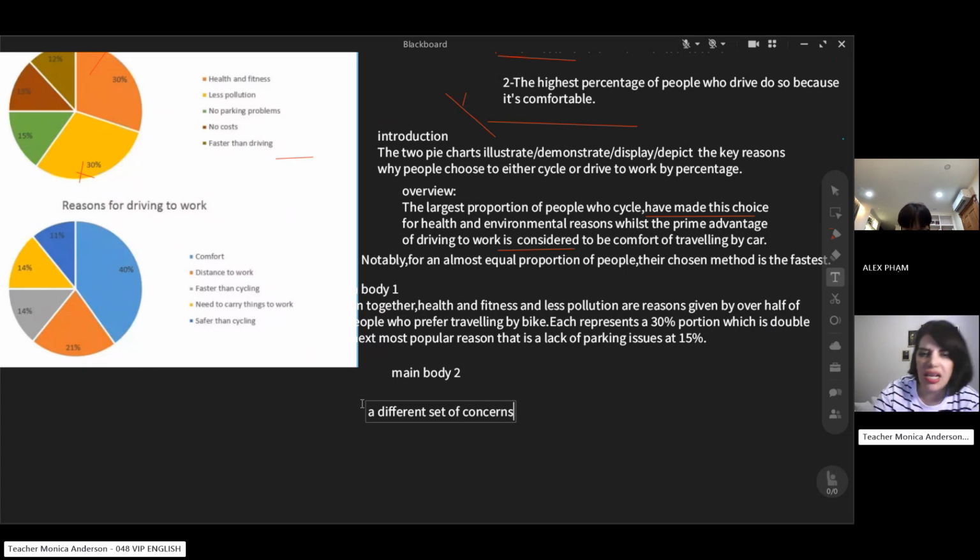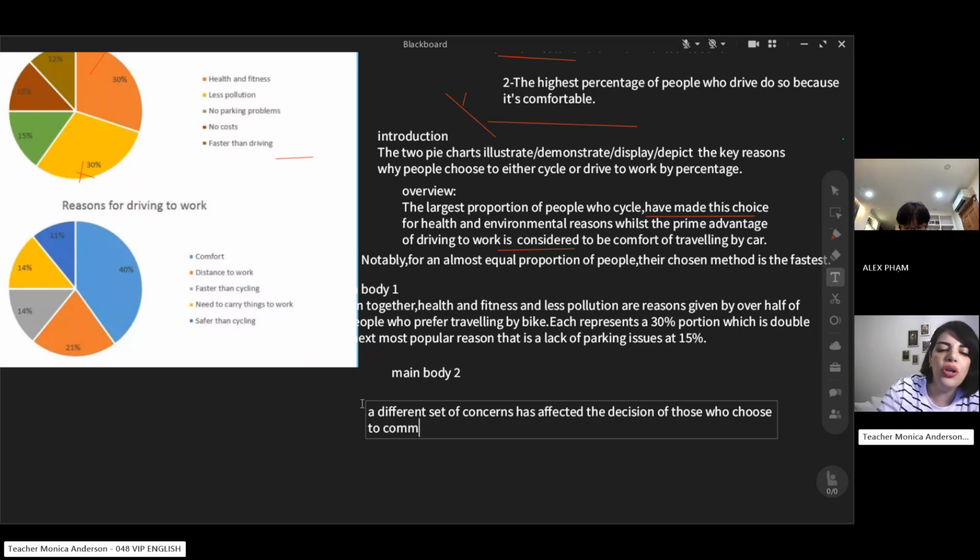It means people have different ideas about riding a bike and driving, which has affected the decision of those people who choose, I don't want to say travel to work, so I use the word commute. You know that commute means regular travel, normally between home and work. So we say, to commute by car.